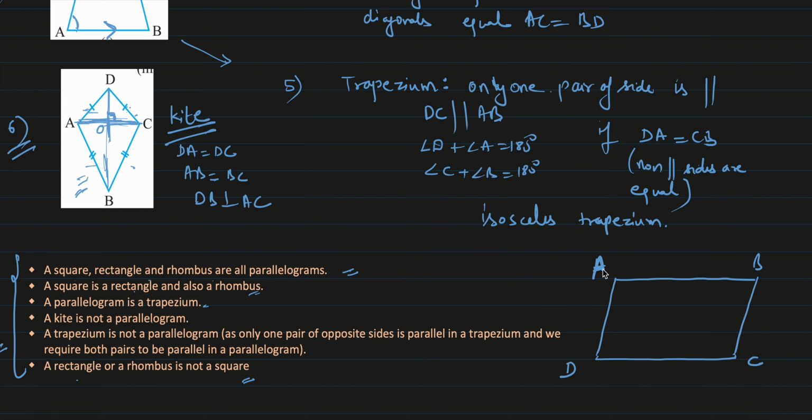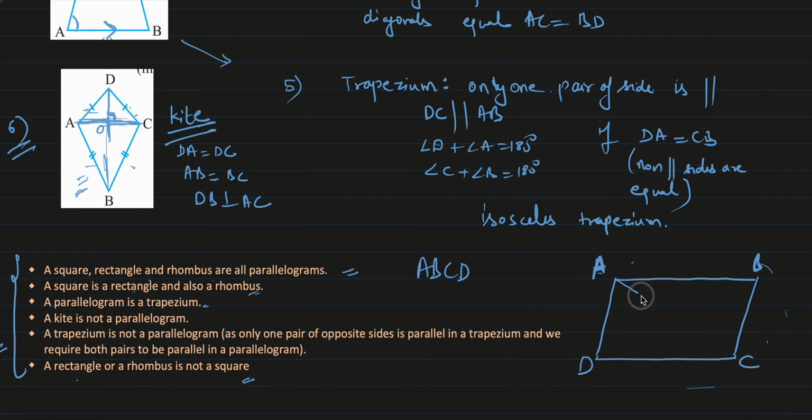If you go A, B, C, C should come after B. You should not name it like A, B and C, D written separately. This will be the wrong way of labeling, then it becomes A, B, D, C. The name should go in sequence when you write. So you move like this, A, B, C, D. Dear students, please take care while you name a figure. So it's A, B, C, D.